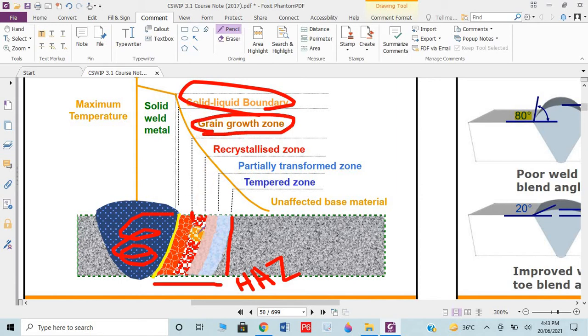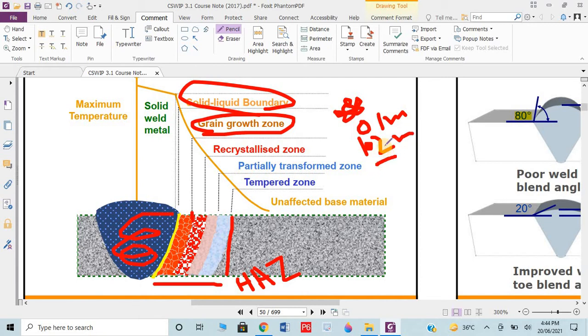Grain is actually the particles or the atoms of any metal. With the heat, suppose the grain size is 1 millimeter before, for example, due to heat it becomes 1.2 millimeter.